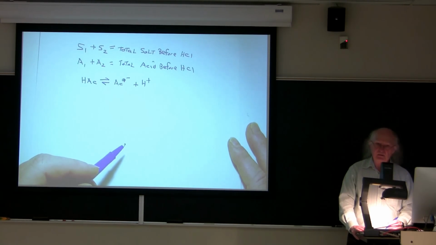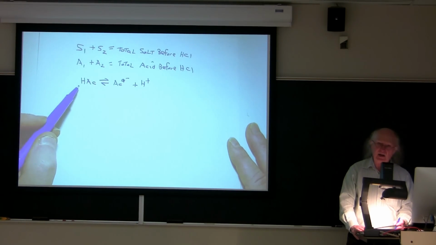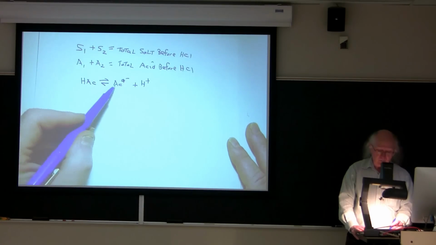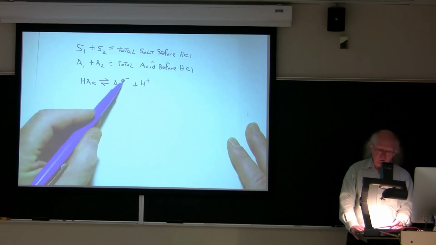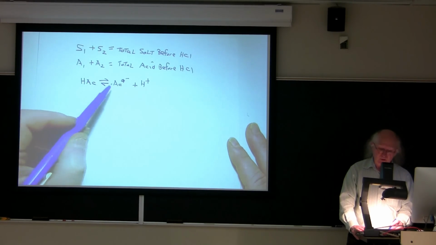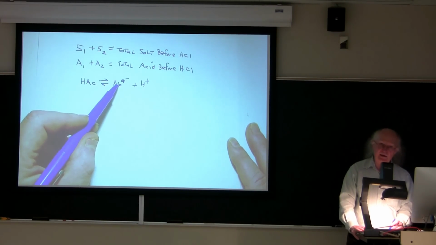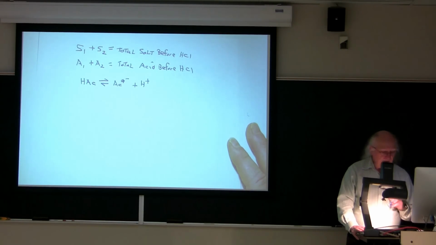If I add protons, according to Le Chatelier's principle, I will drive this reaction to the left, meaning that for every proton that I add, I will have one of those gobbled up by acetate, meaning I will lose one acetate, and I will gain one HAc. I'll repeat that. For every proton that I add to the system, I will lose one Ac minus, and I will gain one HAc. Now that turns out to be important.